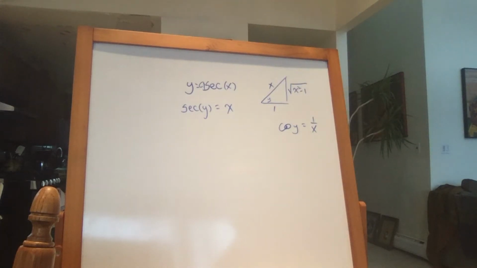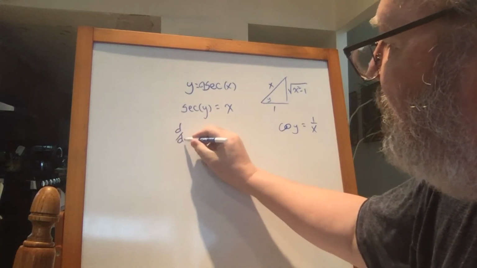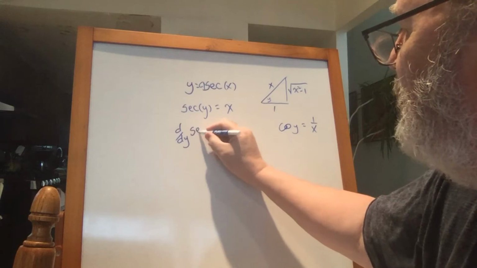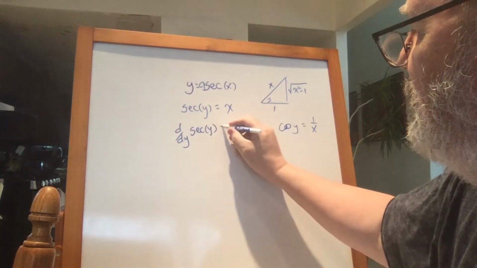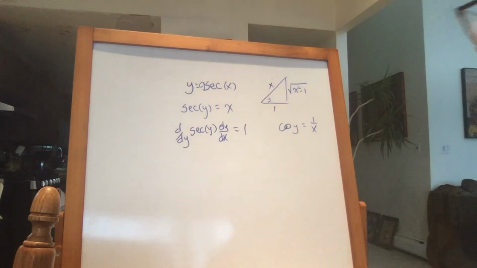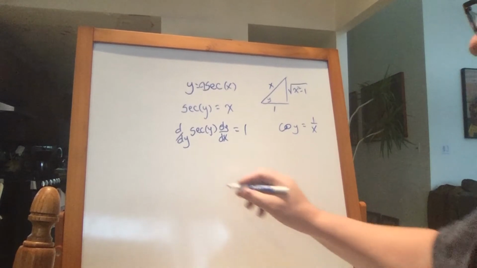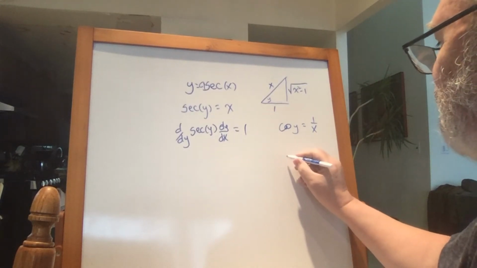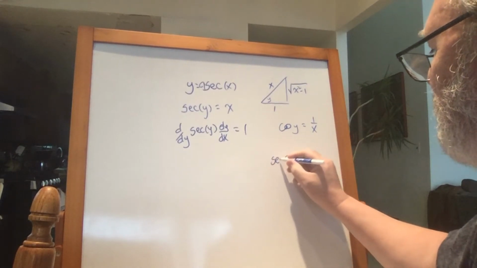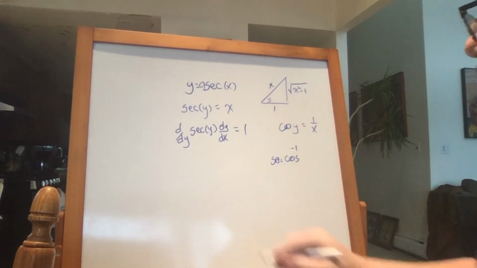Okay, so now we do the chain rule. d/dx of secant y, dy/dx equals 1. I'm not just going to write d/dx of x again. We know it's just 1. So the secant is cosine to the negative 1 power.